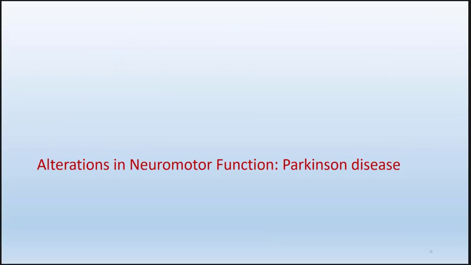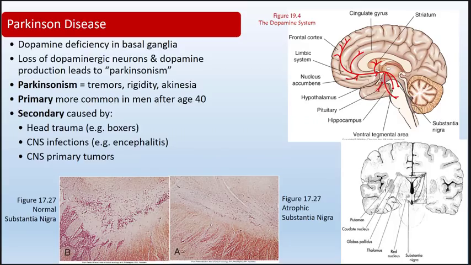Now we're going to move on to talking about alterations in neuromotor function. So we're taking a bit of a different turn now, talking about Parkinson's disease. Parkinson's disease involves the loss of the dopaminergic neurons within the brain, and loss of these neurons, which produce dopamine, leads then to a dopamine deficiency within the basal ganglia of the brain. Now, in the brain, dopamine functions as a neurotransmitter, so a chemical released by neurons to send signals to other nerve cells.